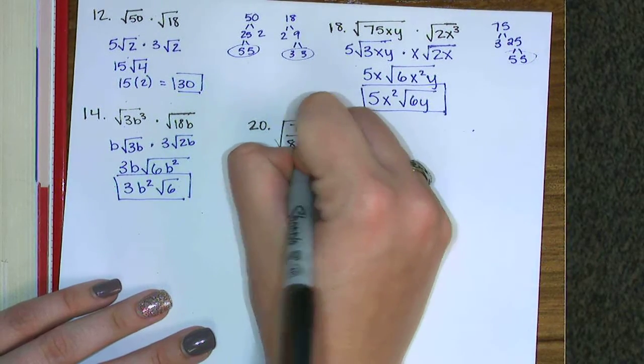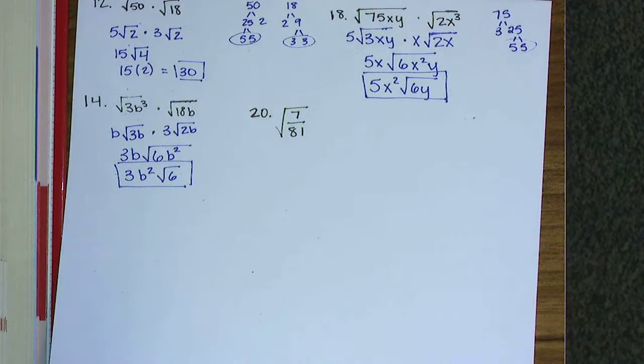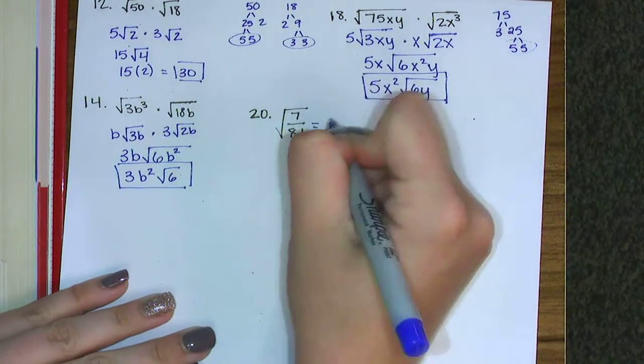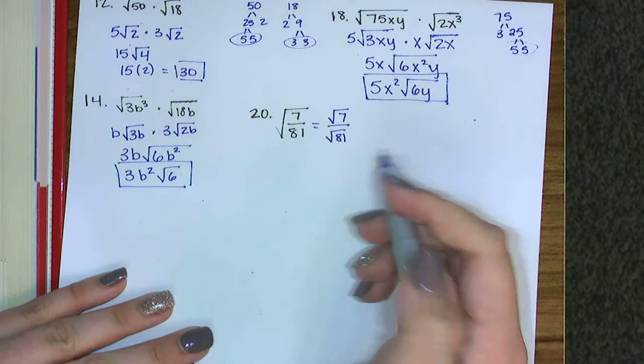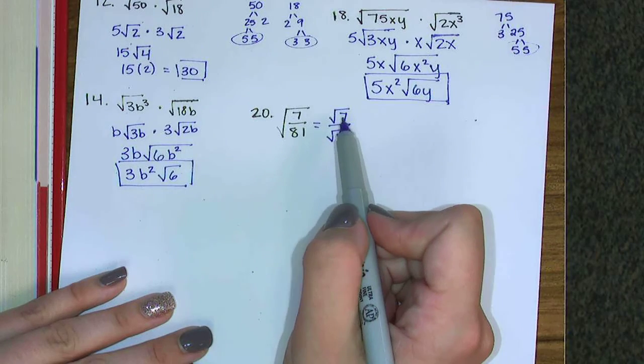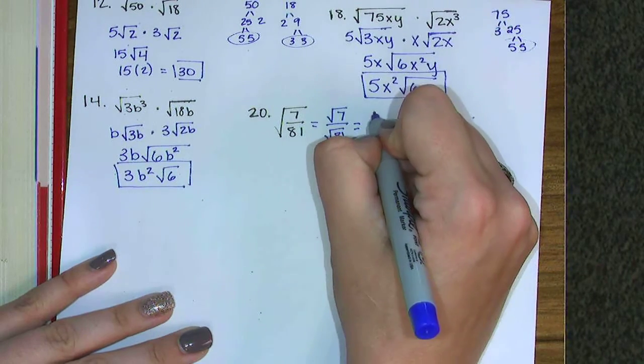Well, according to our property, we can break that up into 2 separate radicals, giving us the square root of 7 over the square root of 81. Well, the square root of 7 I don't know, but the square root of 81 I know to be 9. So this just ends up being the square root of 7 over 9.